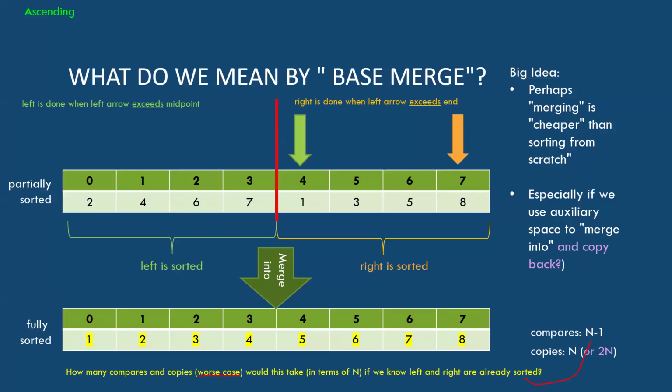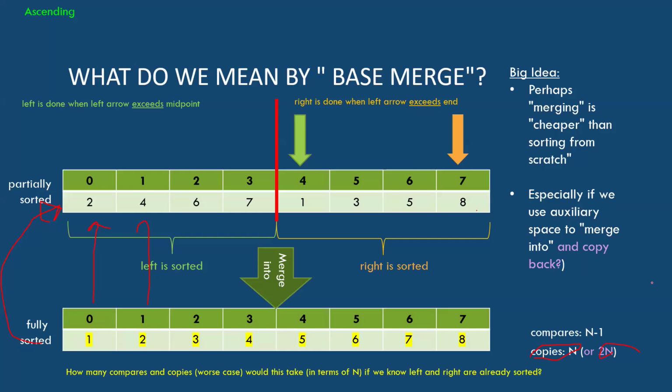The number of copies, including copying the data back to the original array, is 2n in the worst case. It's n copies to copy it down, but we have to put it back where we got it from. We can't necessarily use our scratch paper to return the answer, if that's what's expected of us. Sort it and put it back in here.